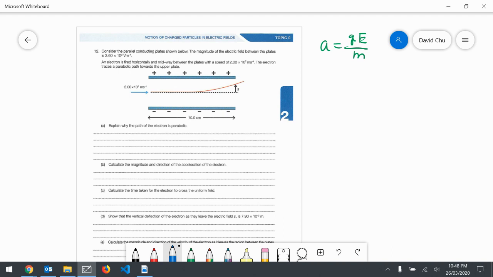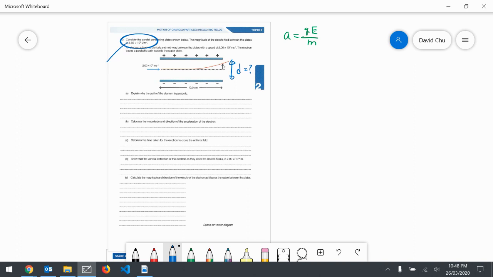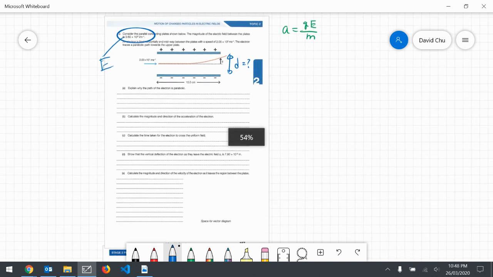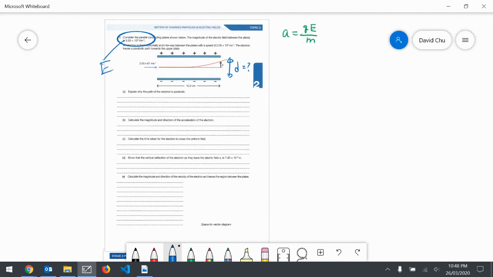One thing you should note is that currently we don't have the distance between the two plates, and we probably don't need to know it. Secondly, this value here is my electric field strength, E, which is my potential difference delta V divided by d, the distance.